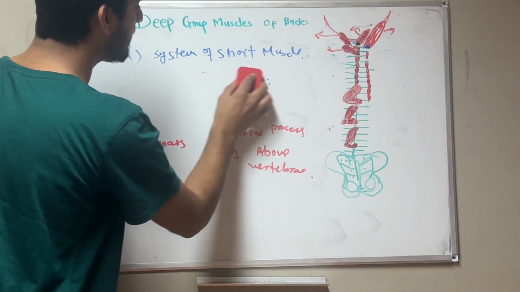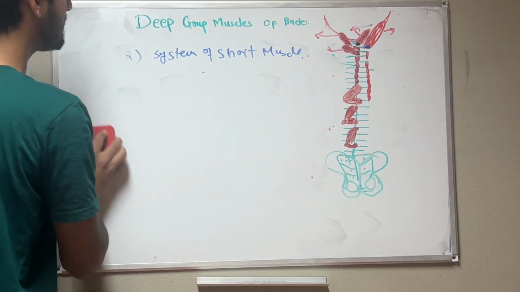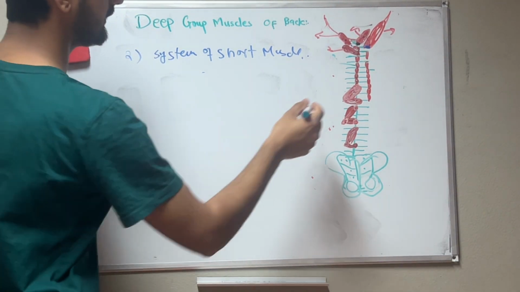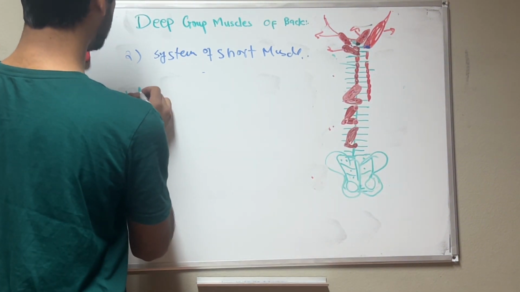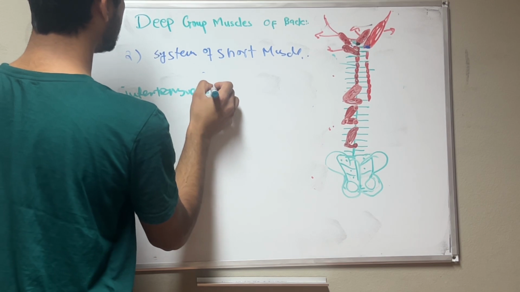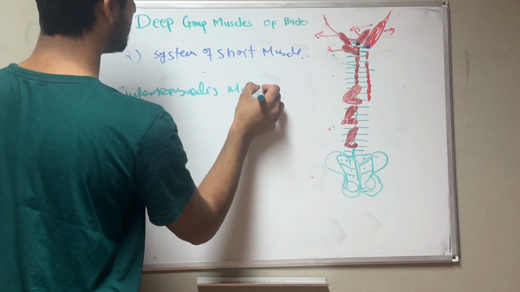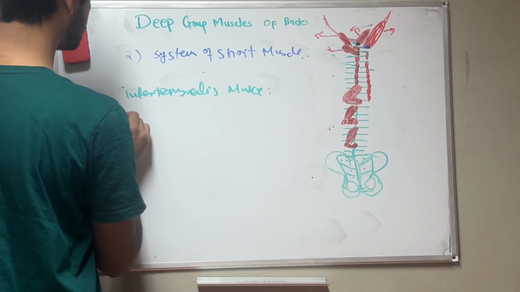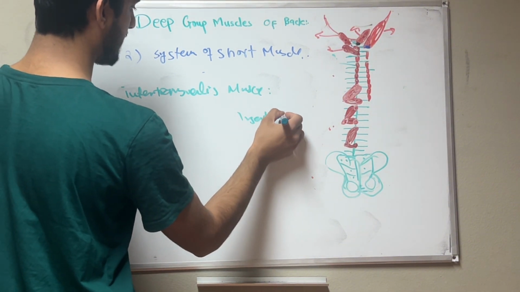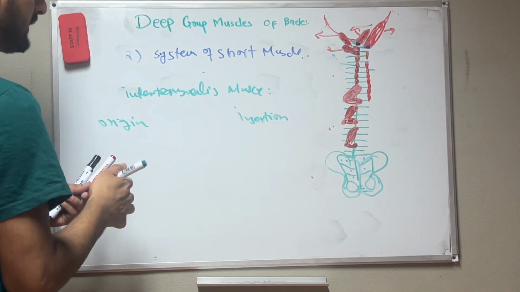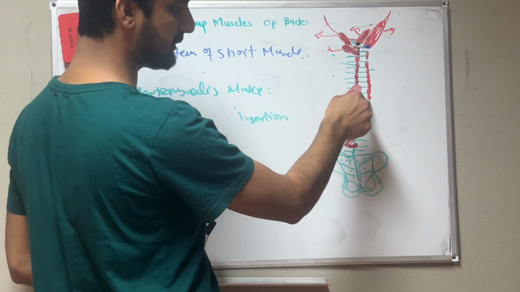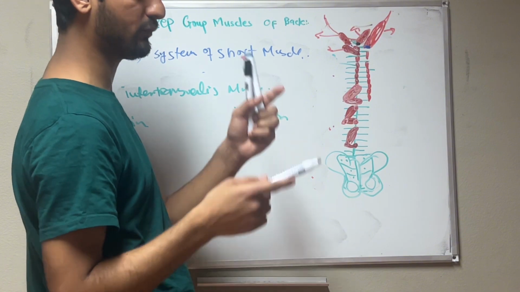Okay, these are the interspinalis muscles. Now the second muscle we have in the third layer, the system of short muscles, is the intertransverse muscle, or transversalis muscle. Okay, its origin and insertion. Very simple. How we discussed the interspinal, the transverse process is the same, but on the transverse process of each vertebra.